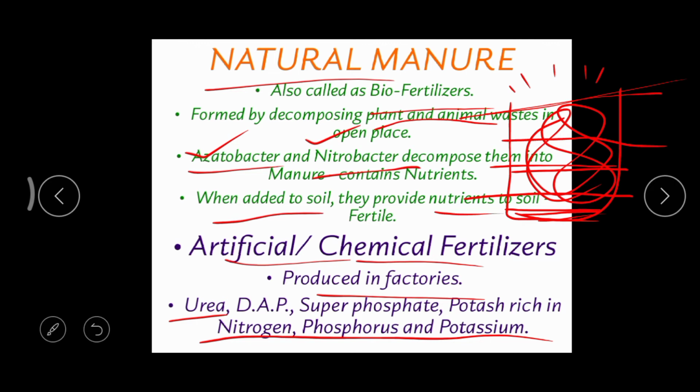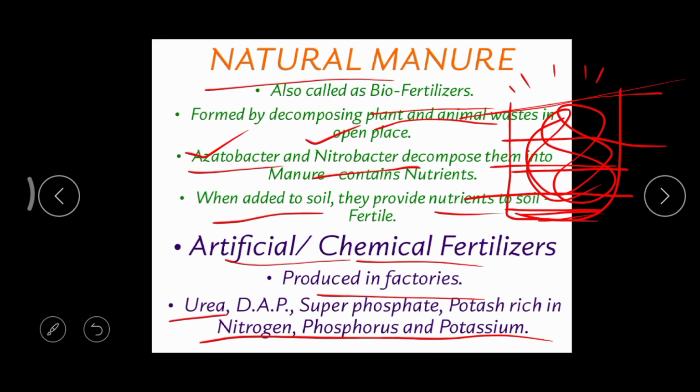And these nutrients are present in different amounts in different types of fertilizers. We cannot say that all the fertilizers contain the same quantities of nitrogen, phosphorus, and potassium. In some we can find more nitrogen, in some less nitrogen, and in some nitrogen may be absent. Correct? Like this.